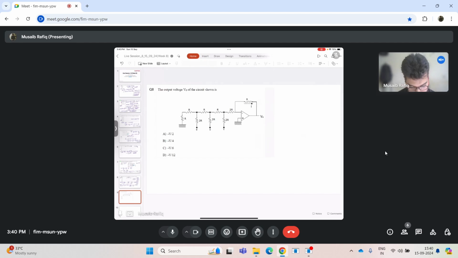So what we'll do here is we'll use circuit analysis. Let's take up to this point. We can redraw this here.